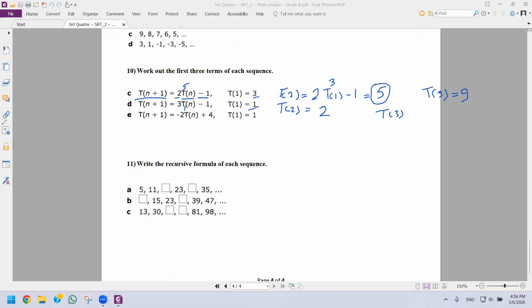It's 2, right? So now instead of 1, you put 2. 2 times 3, 6, minus 1, 5. That's it. These are the first three terms: 1, 2, 5. Times 3, 6, minus 1, 5. Correct.